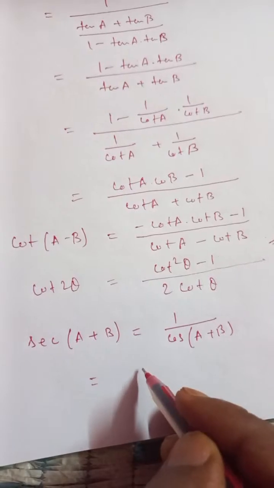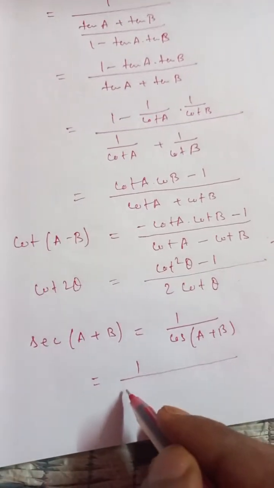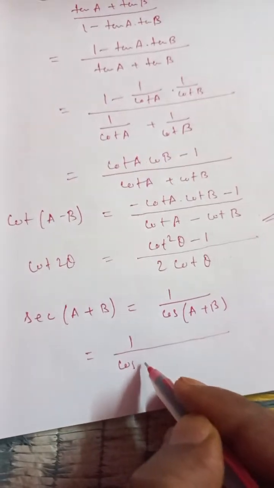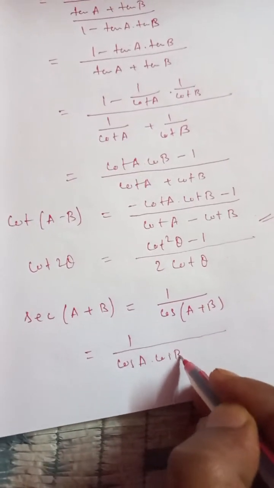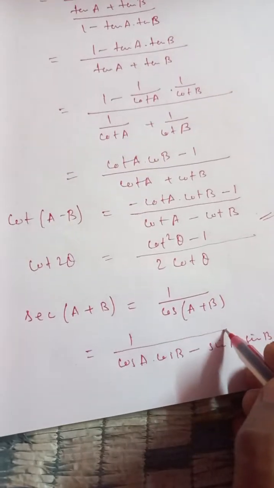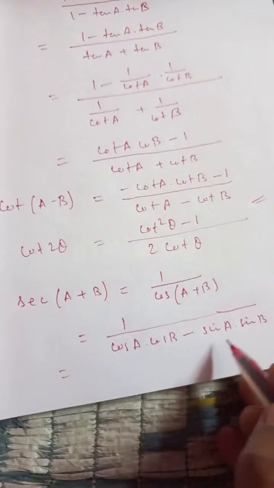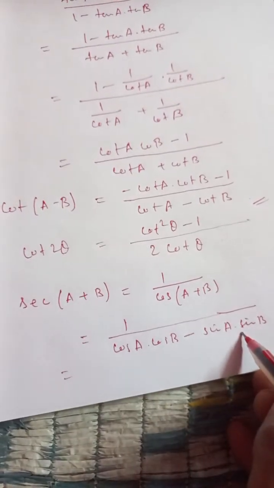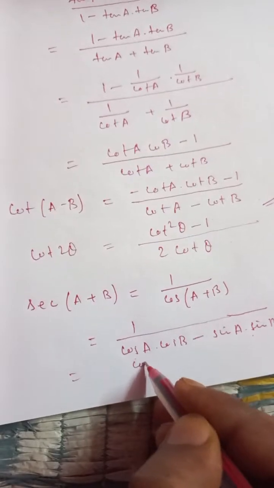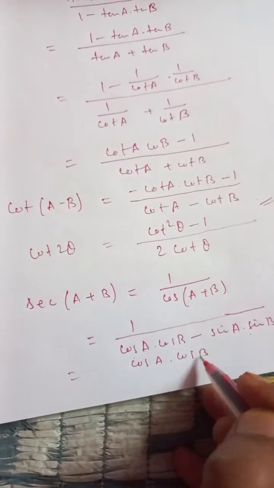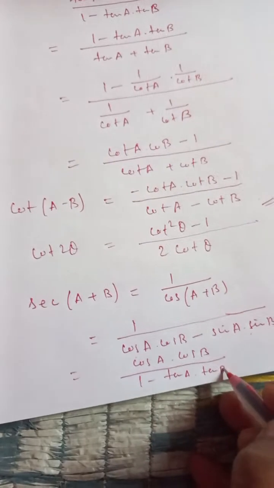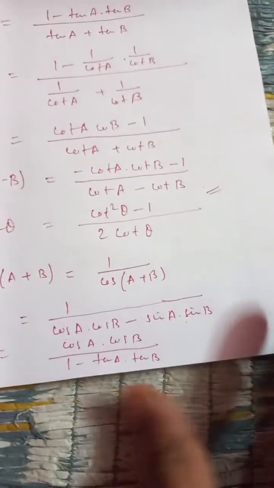So this will be 1 by cos A cos B minus sin A sin B. Now if we further divide by cos A cos B, I will first transform it into tan A tan B. Then this will be cos A cos B by 1 minus tan A tan B. Now I will try to transform it into sec.